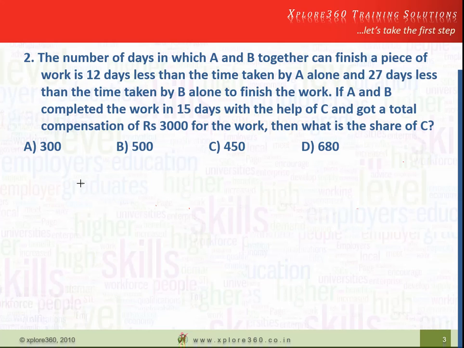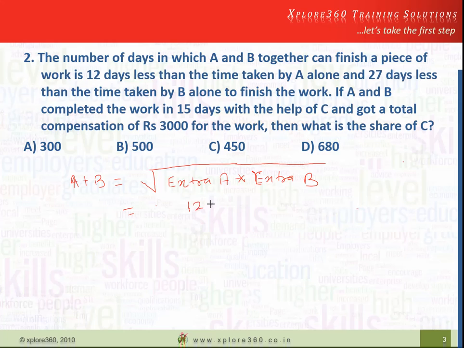Here two concepts are going to be used. The first concept is: A plus B can finish the work in how many days? There is a direct formula for that, and that is the square root of the extra days of A into the extra days of B. Straight away you will get in how many days A plus B can finish the work.